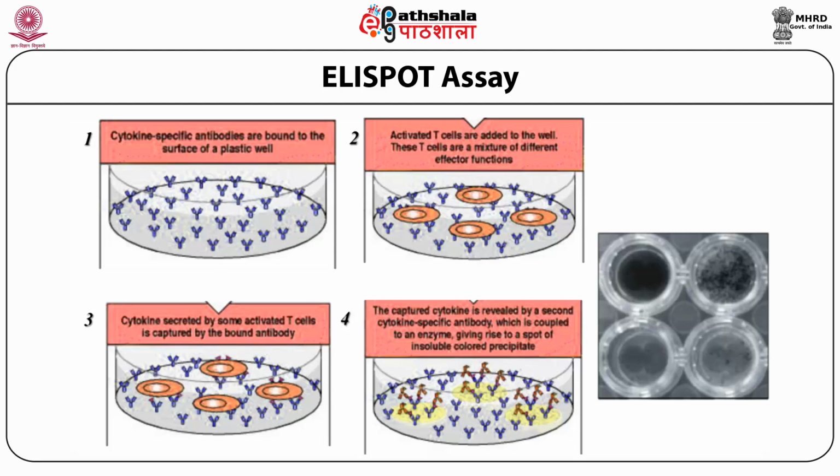The lymphocytes secrete the antibody in the case of B cells or the cytokine in the case of T cells. A second antigen- or cytokine-specific antibody coupled to an enzyme is added, and if the secretory product is specific to the added antigen or antibody, it binds at the spots near the lymphocytes, giving rise to a spot of insoluble colored precipitate if the test is positive.